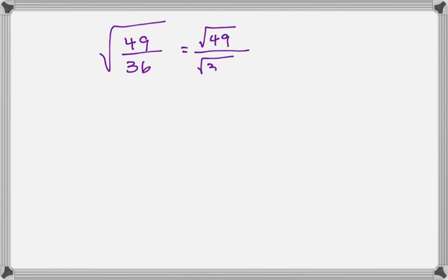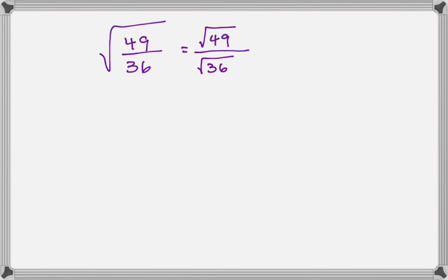What about fraction action? Do you like fractions? How about the square root of 49 over 36? How do you simplify perfect square fractions? In this case, they're still perfect. Well, you can rewrite it into the square root of 49 divided by the square root of 36. You don't even have to do that.